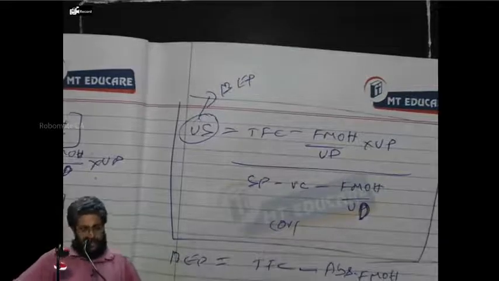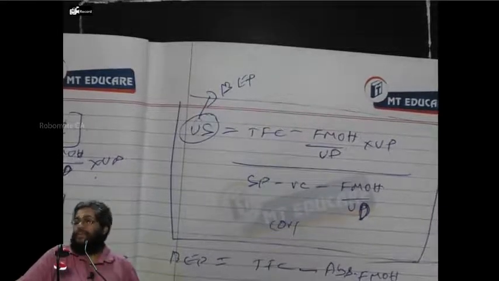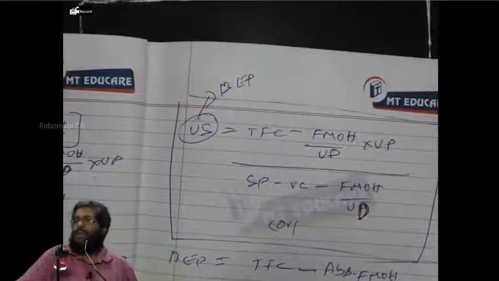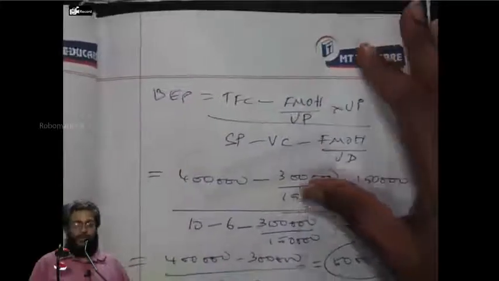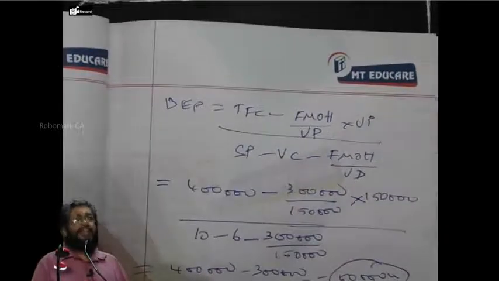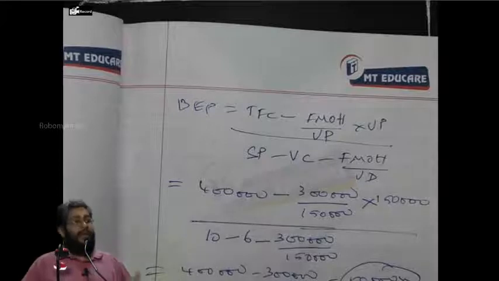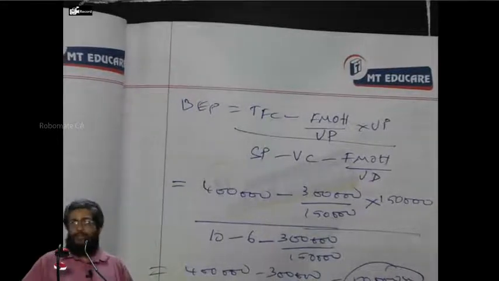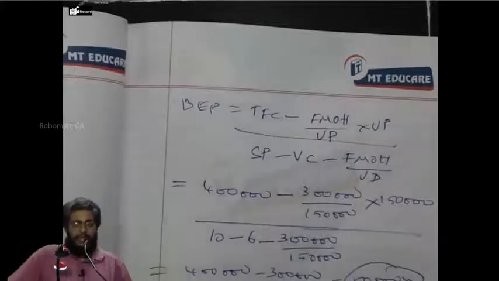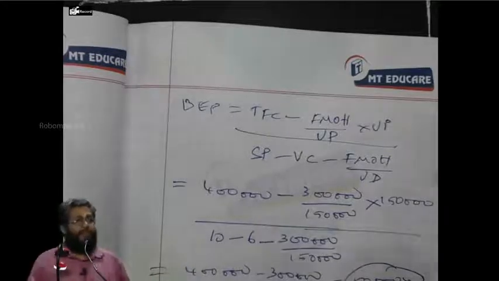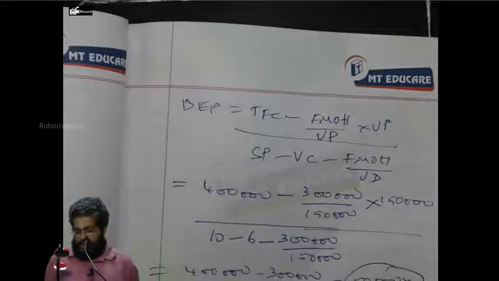Continue. For example, if the manager feels the demand will be only 50,000 units, compared to the budget of 1,50,000 units, he may still break even by producing more.